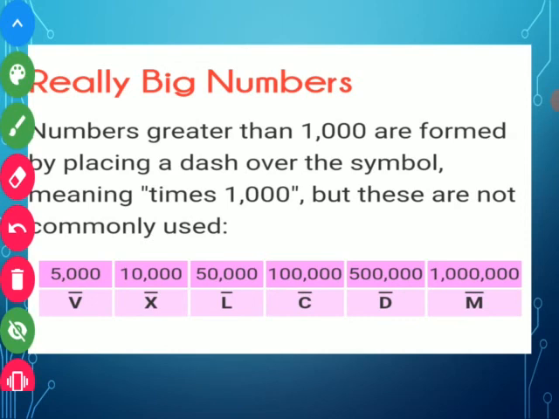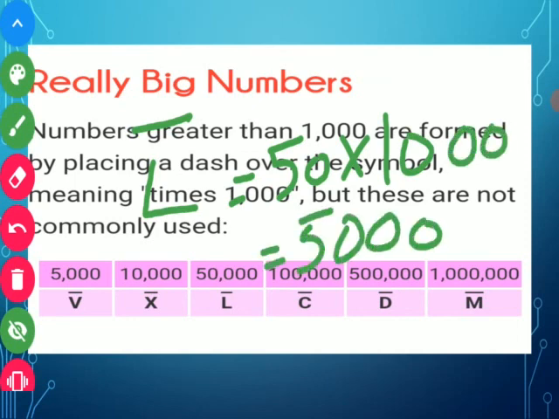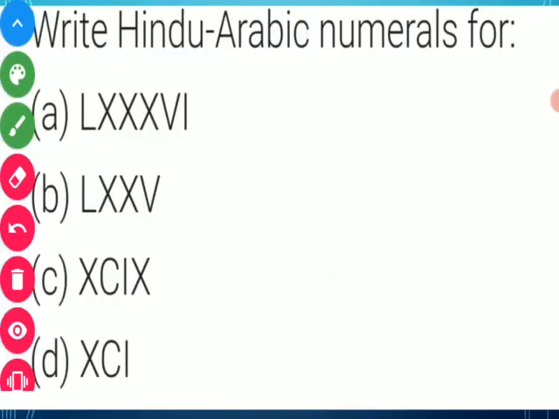For that you write L and place a bar above it, which means 50 multiplied by 1000, and this equals 50,000. So for representing very big numbers you use a bar or dash above the Roman symbol. Hope it is clear to you.